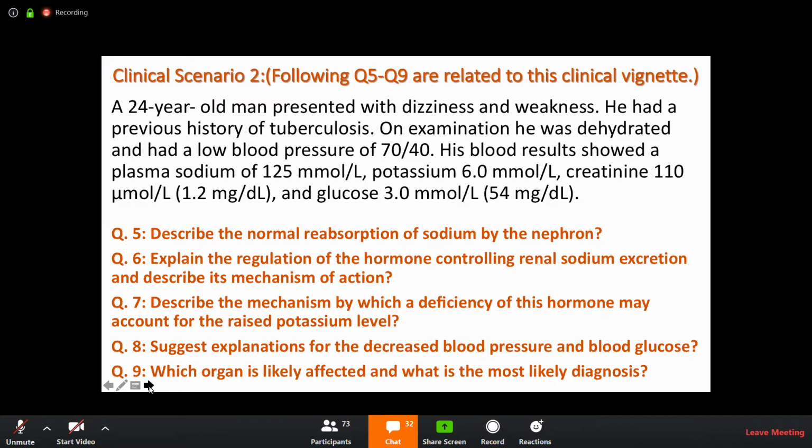But now it comes to glucose. Glucose is 3 millimoles per liter. The only suggestion for that would be that if your aldosterone is low, there is a probability that the problem in the adrenal gland is also having an effect on glucocorticoid release, because glucocorticoids will increase blood glucose in a normal individual.